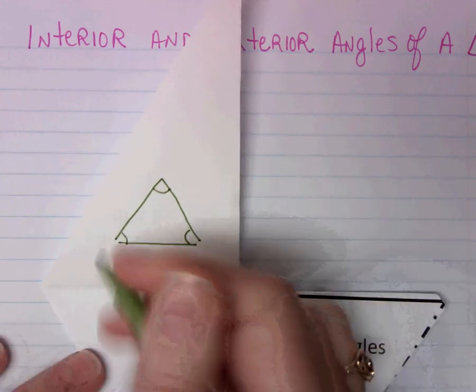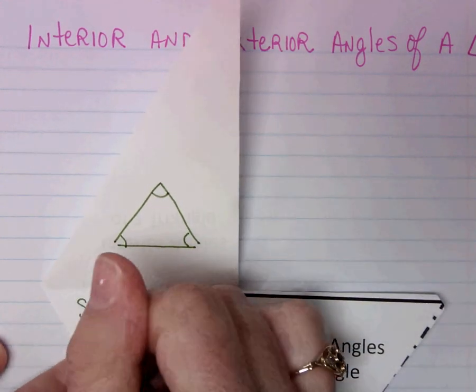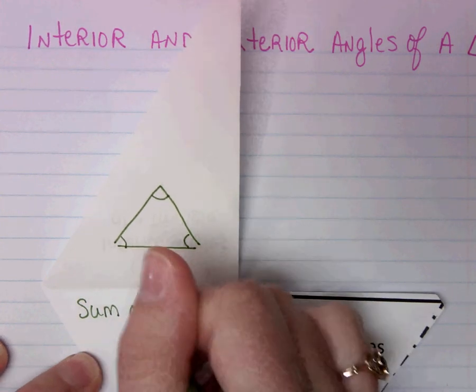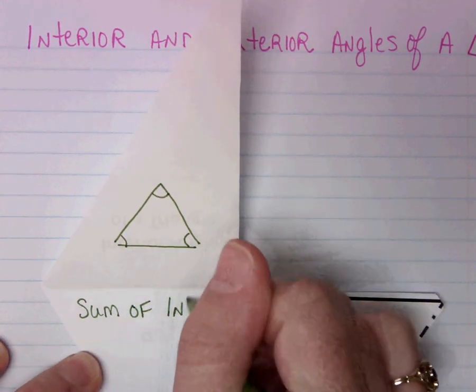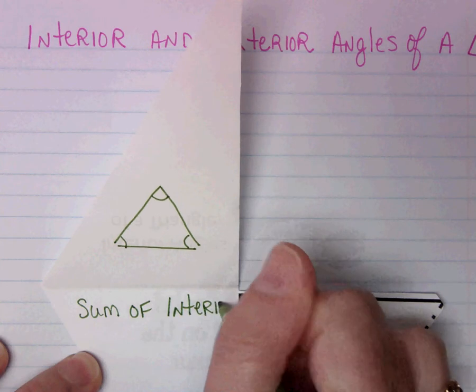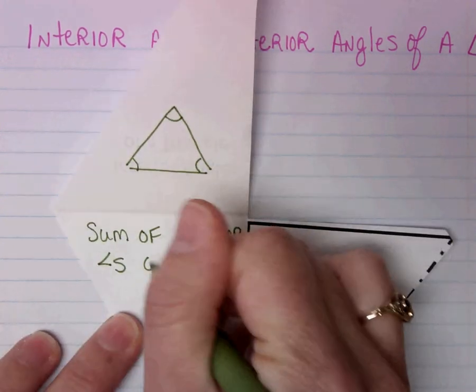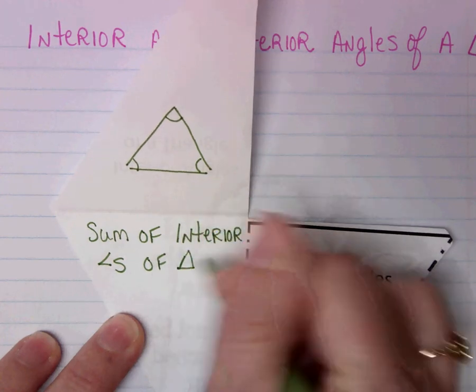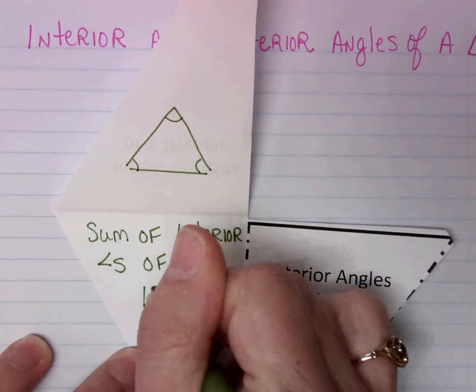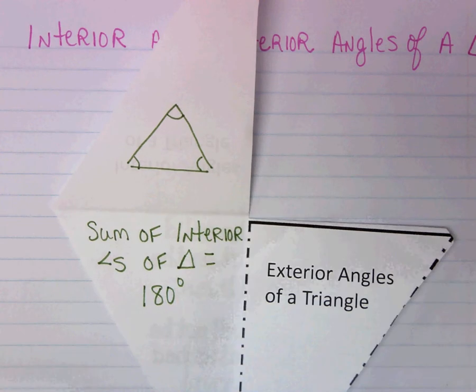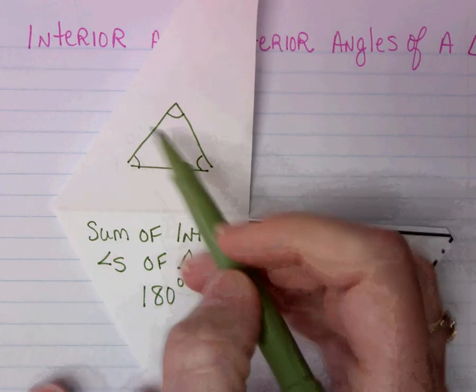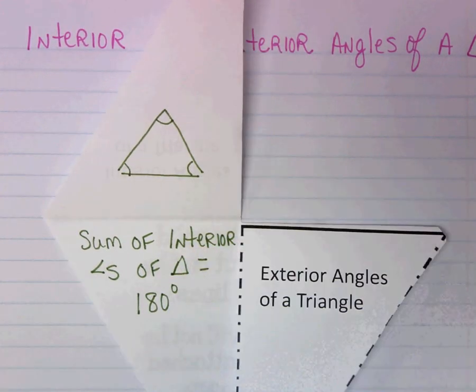So hopefully we know that the sum of the interior angles of a triangle is equal to 180 degrees. That's something you should have learned before. All the angles added together add up to 180 degrees. So we're going to look at one like that in just a second.